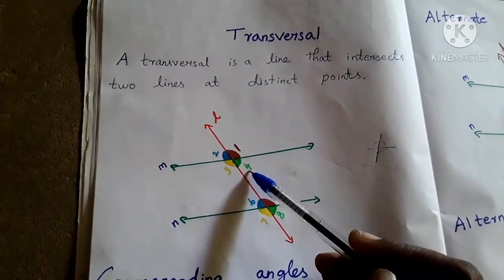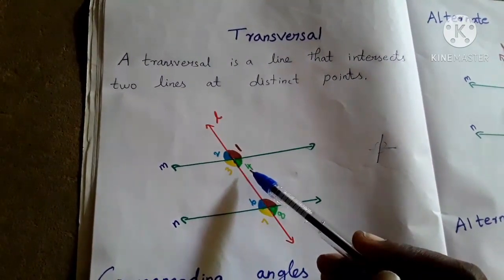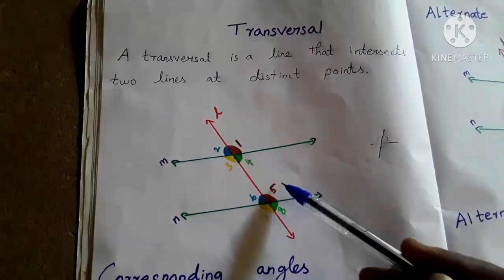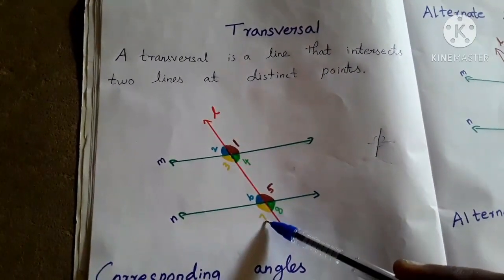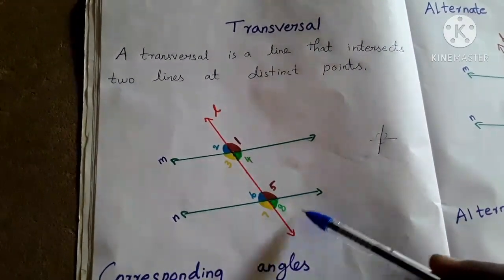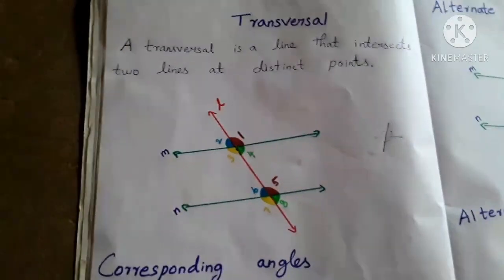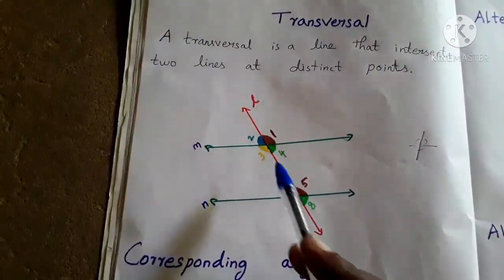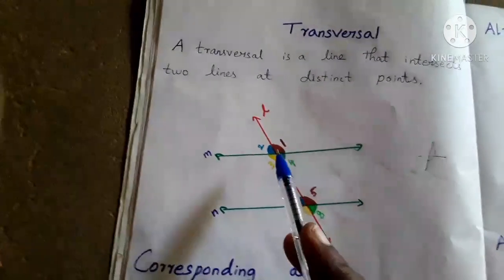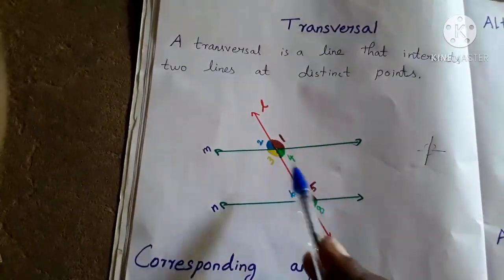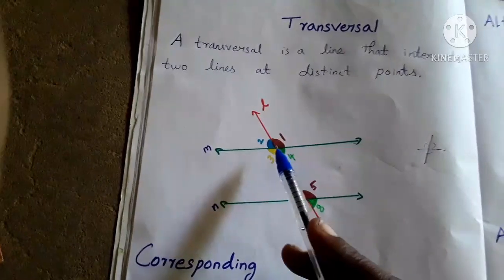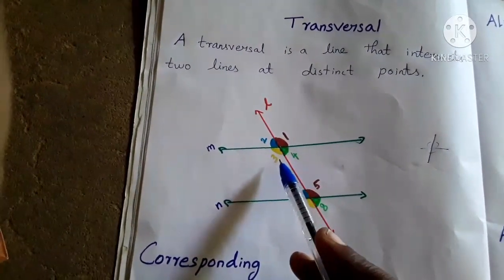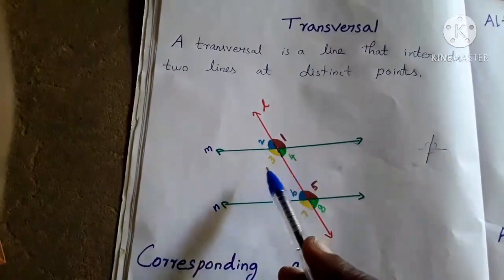Angle 2 and 4, angle 7 and 5, and angle 6 and 8 are vertically opposite angles. So when the transversal intersects the two lines, we get adjacent pairs, linear pairs and vertically opposite angles.